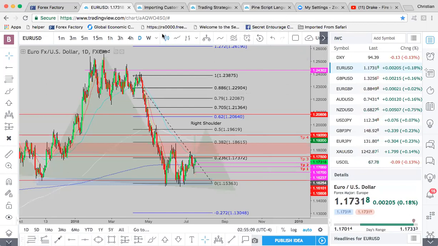All right, good. So after completion of the right shoulder, you would expect the market to go lower. Yes, because what pattern is it giving me?